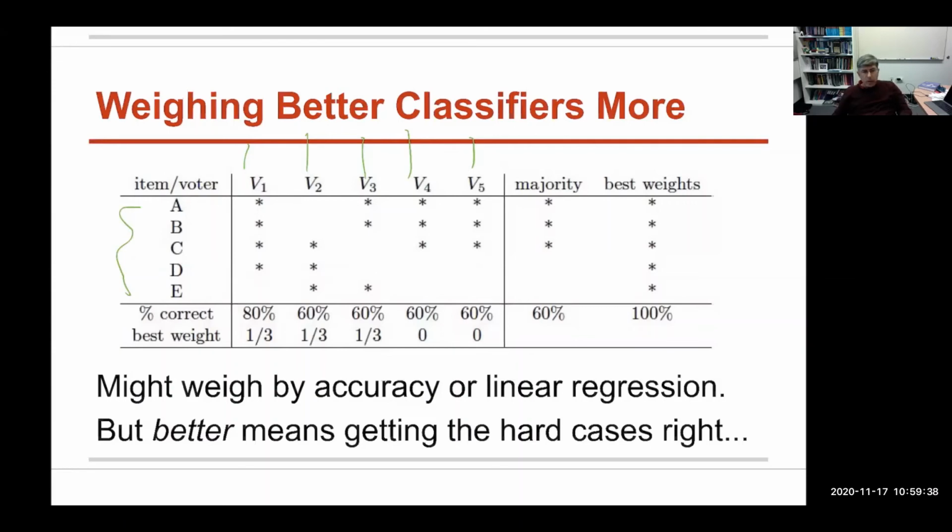Does everybody see on this particular example, there is one classifier that got 80% of the examples right. The other 3 trees all got 60% of the examples right.